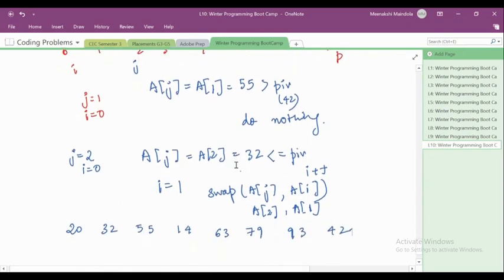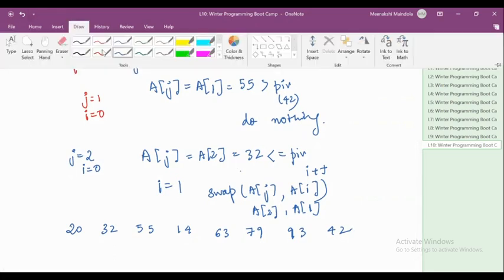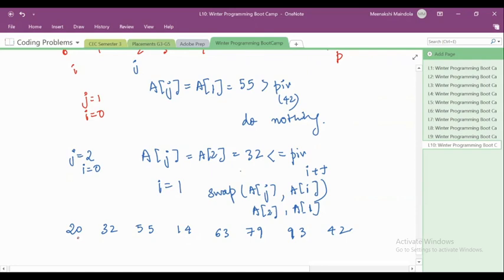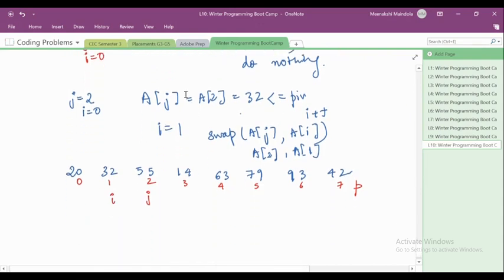Now is everyone able to understand up till now? Any doubts to anyone up till now? We have swapped these two values, and this is what we get after the iteration that we have just performed.